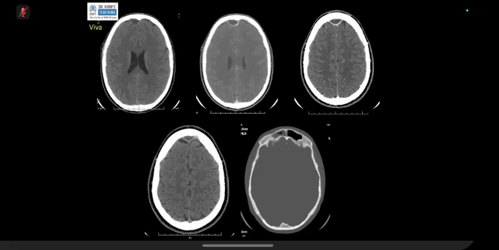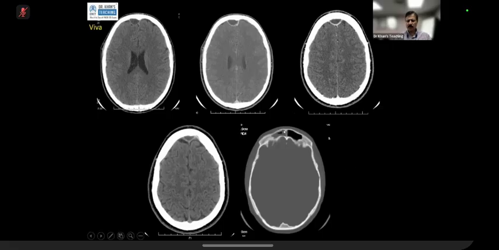I can see on bone window that there is right frontal sinus disease. So the findings are in keeping with subdural empyema due to frontal sinusitis. Okay, did you initially use the word maxillary? Sorry, frontal, right frontal sinus, yes.